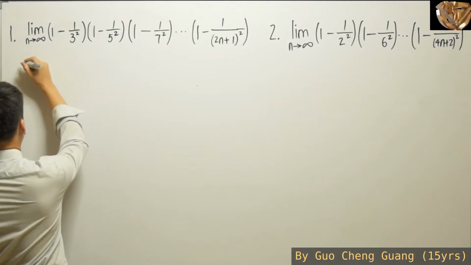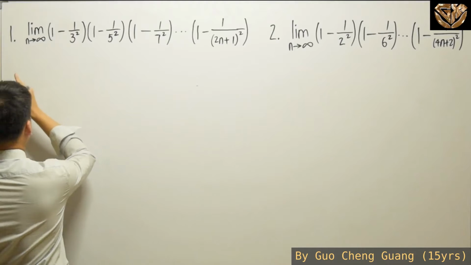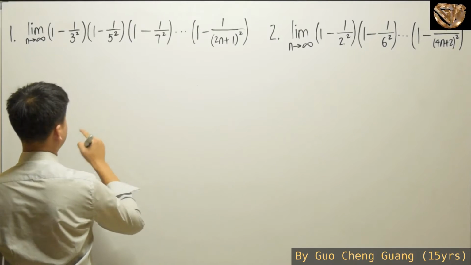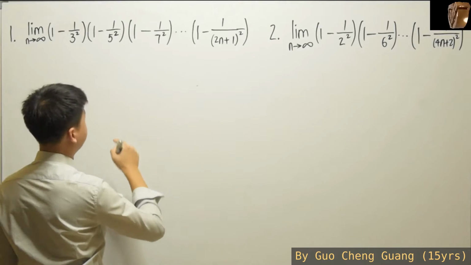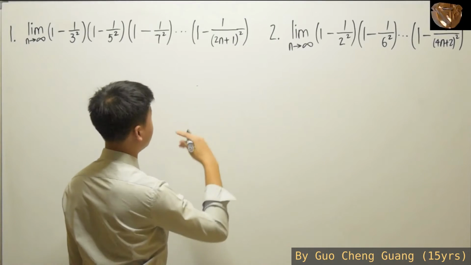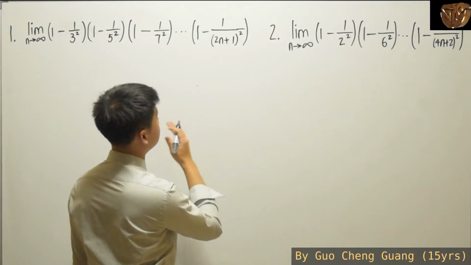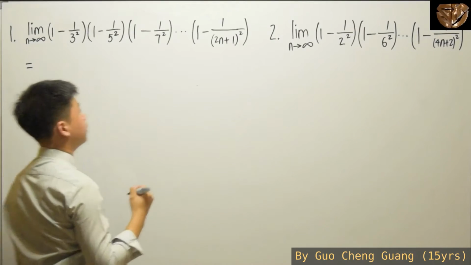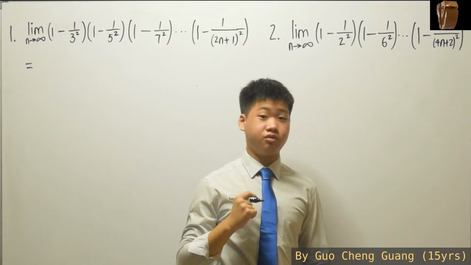The first example, we have the limit as n approaches infinity of 1 minus 1 over 3 squared, times 1 minus 1 over 5 squared, times 1 minus 1 over 7 squared, until 1 minus 1 over 2n plus 1 squared. So let's change this into the pi notation first.